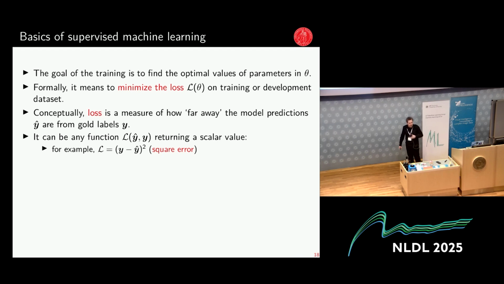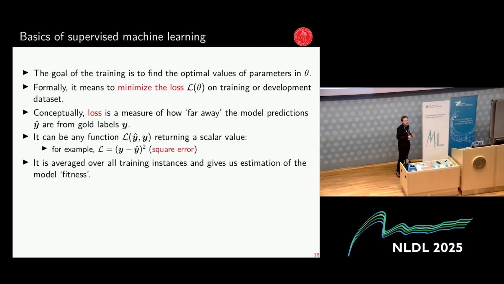We can use lots of different loss functions, but one of the simplest ones is the square error, where we basically just check what is the distance between the prediction and the correct answer, and then take the square of it, right? Then we average this loss across all the training examples, and this gives us the estimation of how fit the model is to the data.